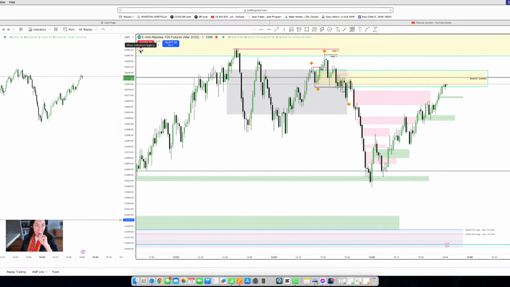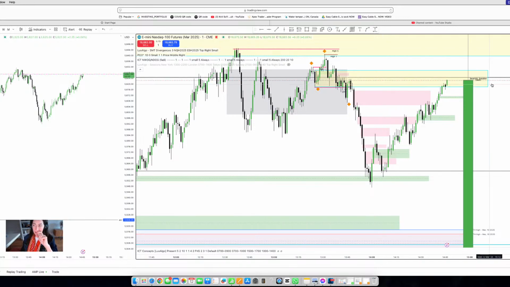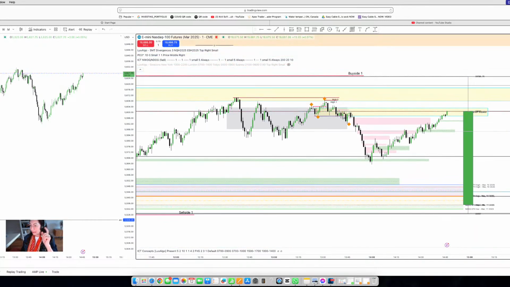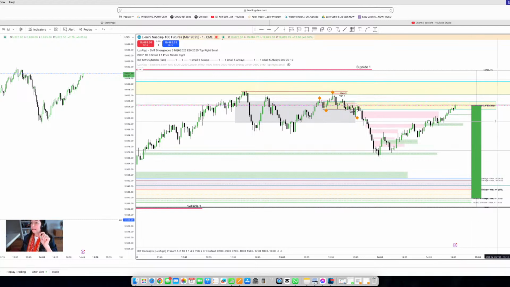One of the things I like to look at, especially, is the power of 3 indicator, because it tells us what the price action of the day has been. Every day we print a candle. We have our open, high, low, and close. This is what our daily candle looks like right now.